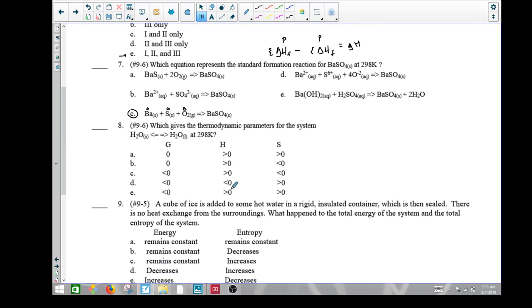All right, on this one, a couple things here. At 25 degrees Celsius, you should be aware, as being present on Earth for a while, that this will happen as ice melts at room temperature. So this is negative, it is cold. This is positive, and we're increasing movement, so it's positive.